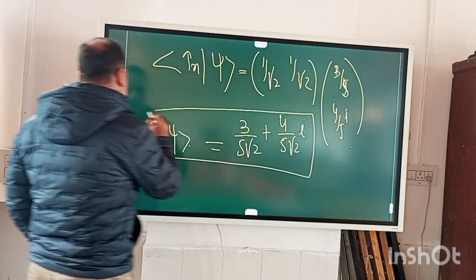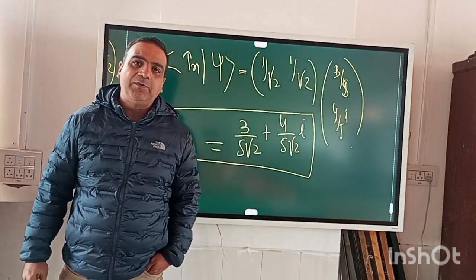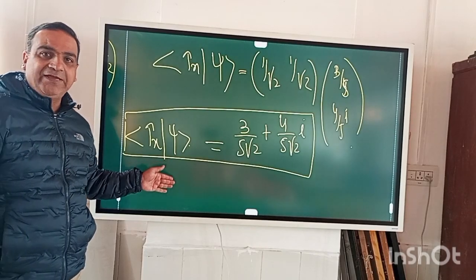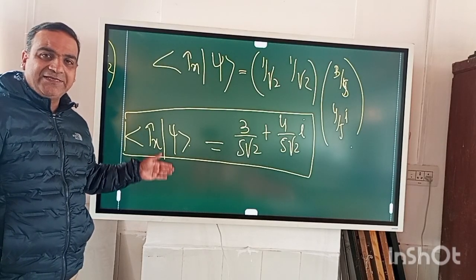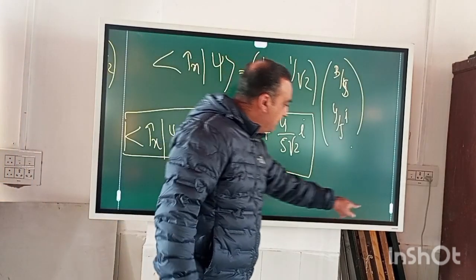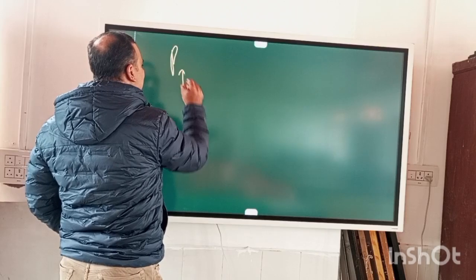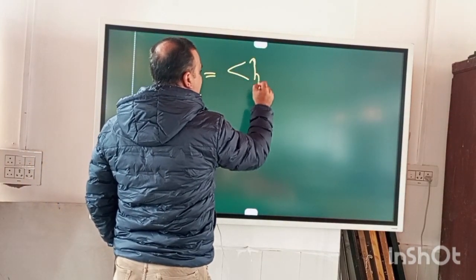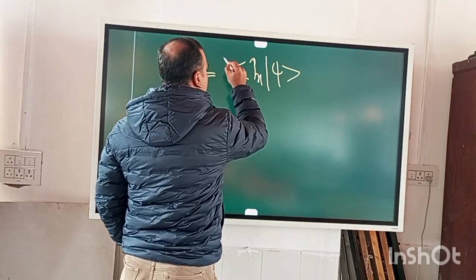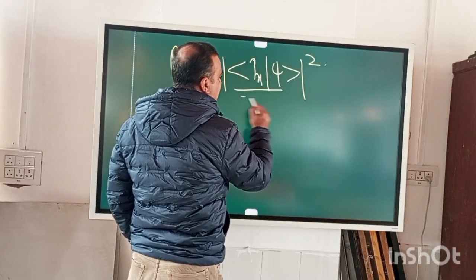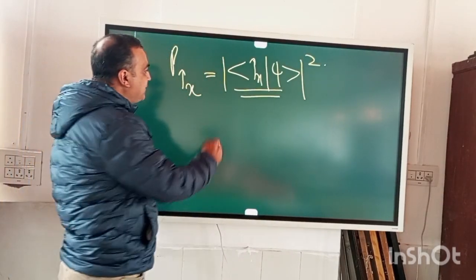Now, what I have to calculate in this problem is the probability of getting spin up. That probability will be the mod square of spin up and psi, and this part is already calculated.